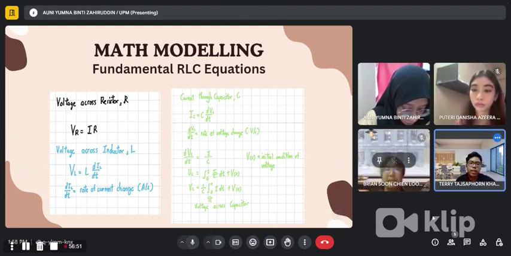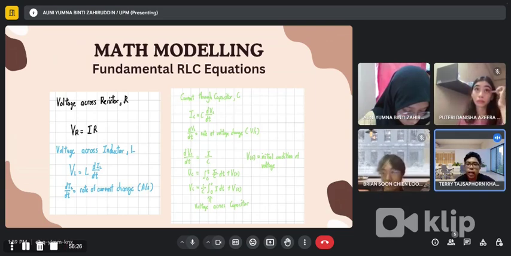Okay, so for math modeling, before going in depth into RLC circuit, we must first know the fundamental RLC equations. Firstly, we have voltage across the resistor R, which is VR equals IR. Second, we have voltage across the inductor L, VL equals L dIL over dt. dIL over dt is the rate of current change, which is represented by ampere over second.